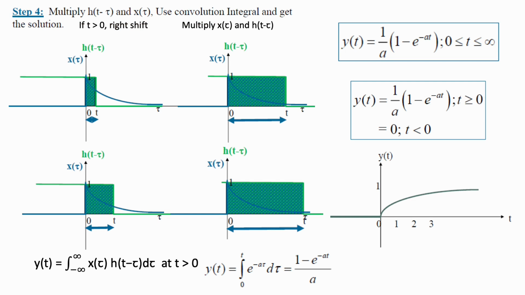Now we can see the next step. Here multiply h of t minus tau and x of tau. Use the convolution integral and get the solution. Here if t is greater than 0, what we have to do? Right shift. So the t can be placed at the right side, from 0 to infinity, at any place.